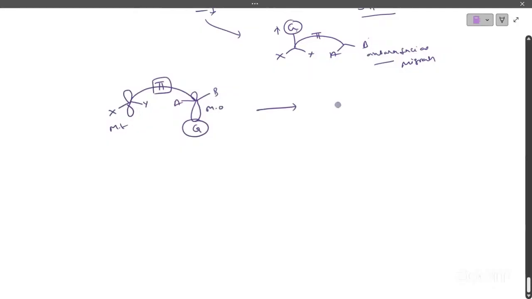At the transition state, in between the reaction, this migrating group is partially attached with the migration origin and partially attached with the migration terminus. After complete migration, it moves in two directions.